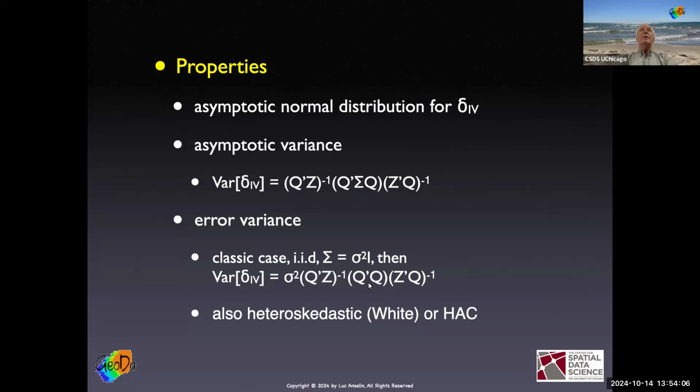We talked a little bit about that last time. We'll revisit it later, using some kernel function to estimate the covariance terms. So the HAC variance term. Just like in the OLS case, we'll have White standard errors and HAC standard errors in the instrumental variables case.